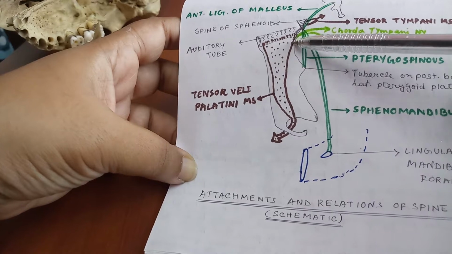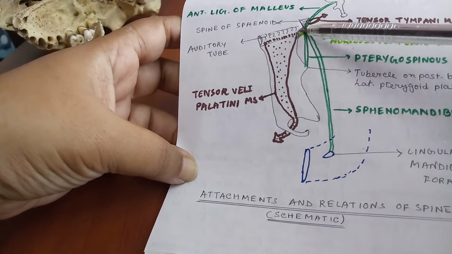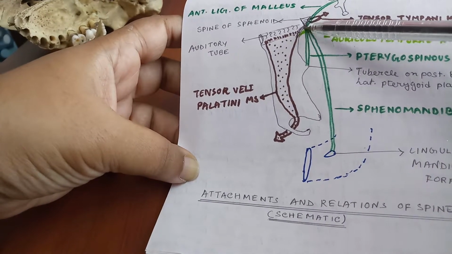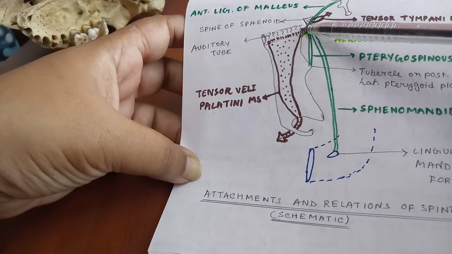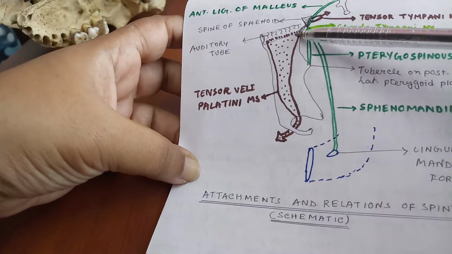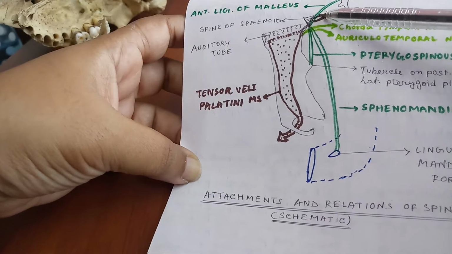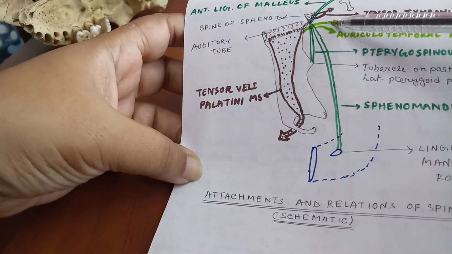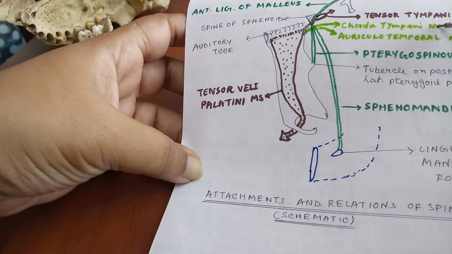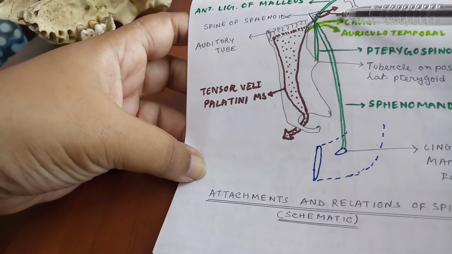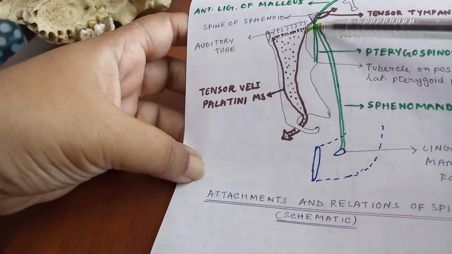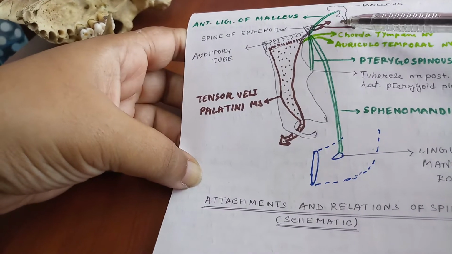This is the spine of the sphenoid. It gives attachment to the tensor veli palatini muscle and also to the tensor tympani muscle, and its relations are with the two nerves, the chorda tympani and the auriculotemporal nerve. From the spine radiate the three ligaments, which we can see.